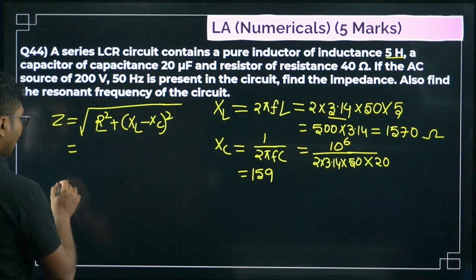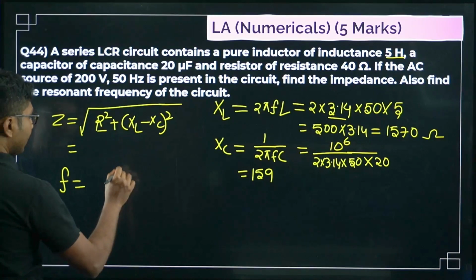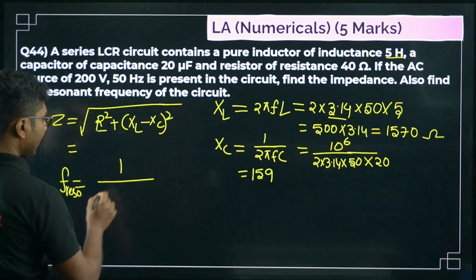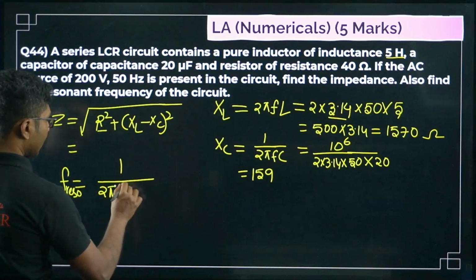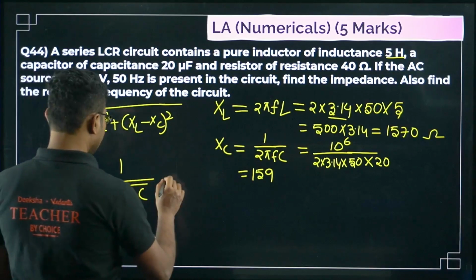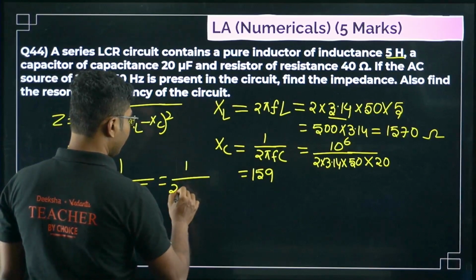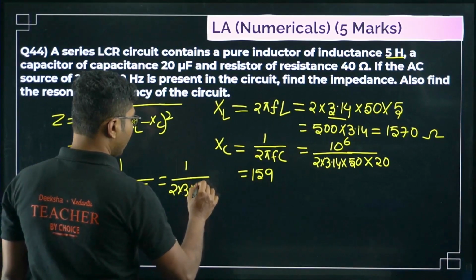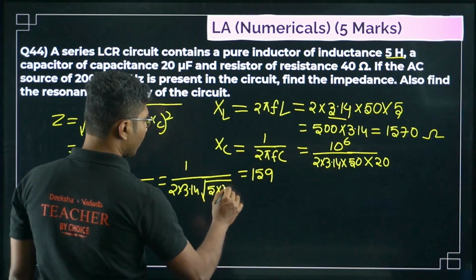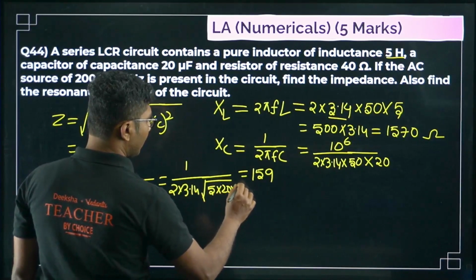Now what is the resonance frequency? Resonance frequency is 1 by 2 pi square root of L into C. So that is 1 by 2 into 3.14, and L is 5, C is 20 microfarad, 10 to the power of minus 6.